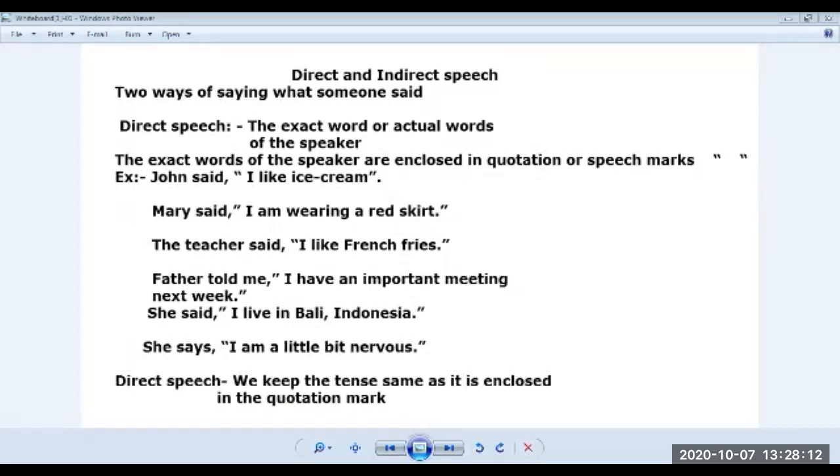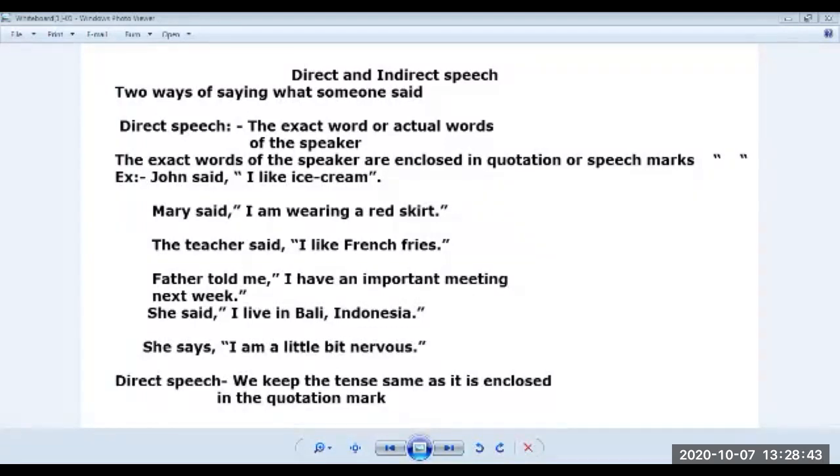When we tell someone else what Mary said or John said or the teacher said or father told me, we need to make a few changes to tell the same message. The message doesn't change. We report it, and that is called reported speech, because those are not the actual words of Mary.